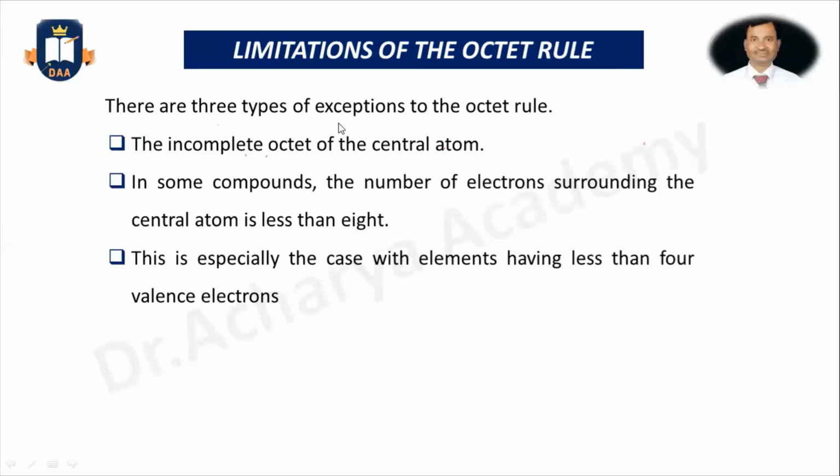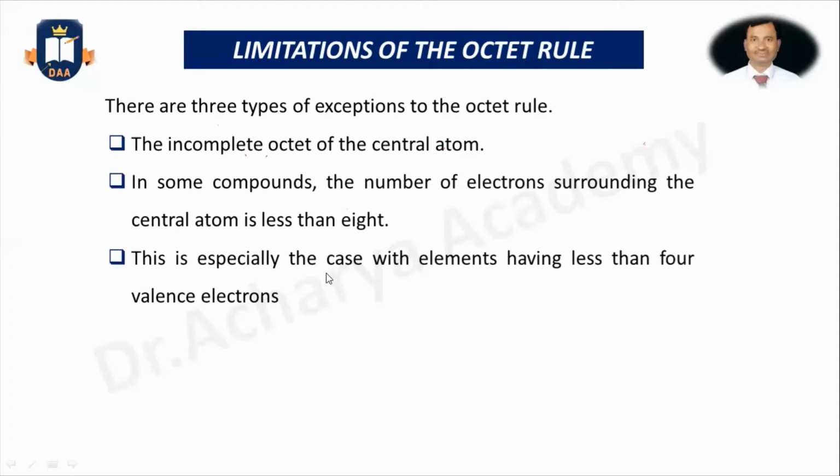There are three types of exceptions to the octet rule. Number 1, the incomplete octet of the central atom. In some compounds, the number of electrons surrounding the central atom is less than 8.